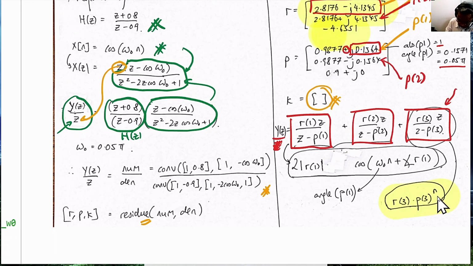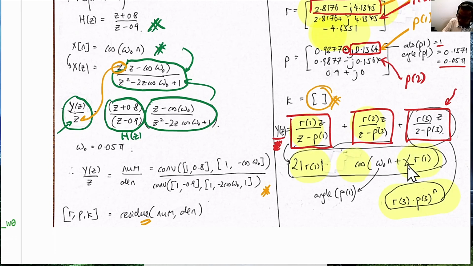What about these two guys here? The complex conjugates. You realize that in other lectures I've shown you that you can convert this pair into a cosine with a magnitude represented by R1 times 2, because there are 2 of them, and then it's an angle.